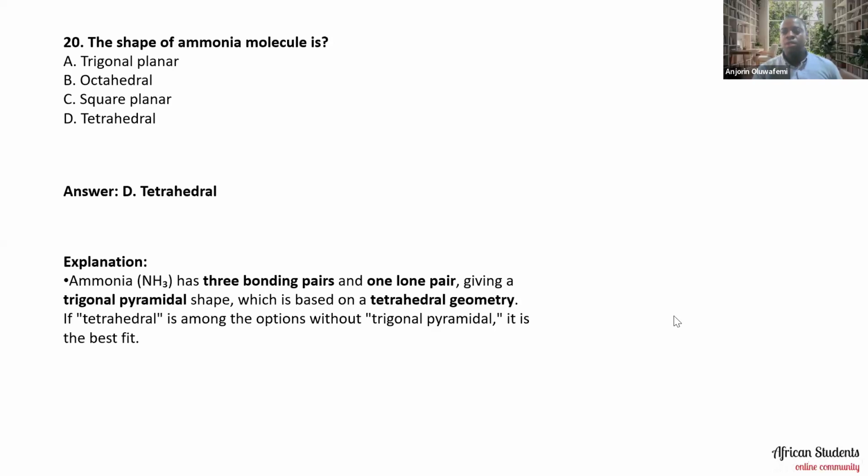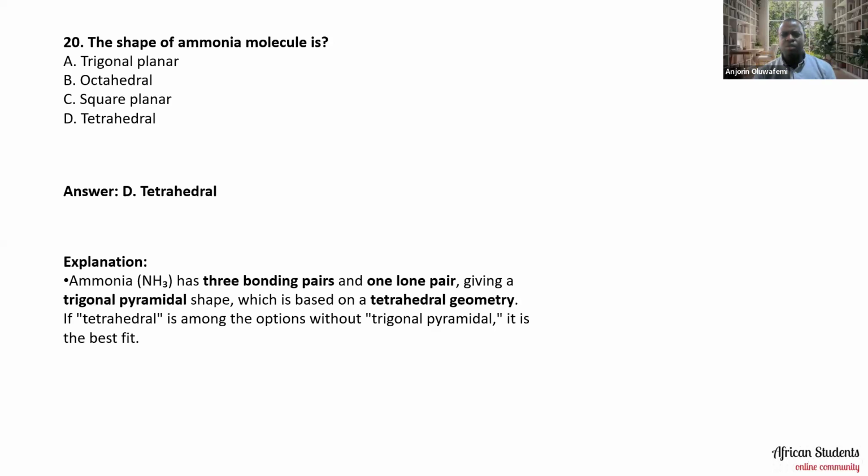So looking at this particular question, the shape of ammonia molecule, is it trigonal planar, octahedral, square planar, or tetrahedral? And we said the right answer is D. It is tetrahedral.